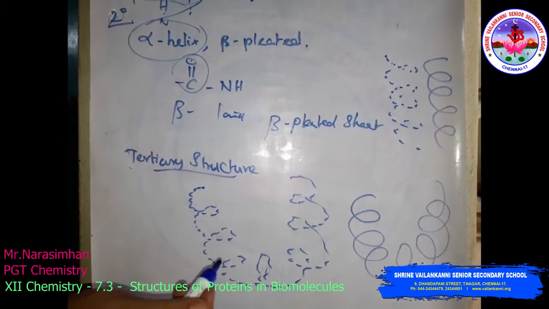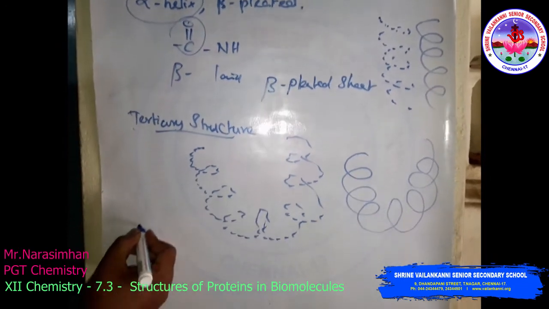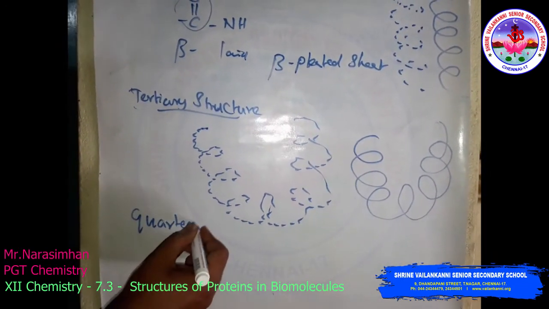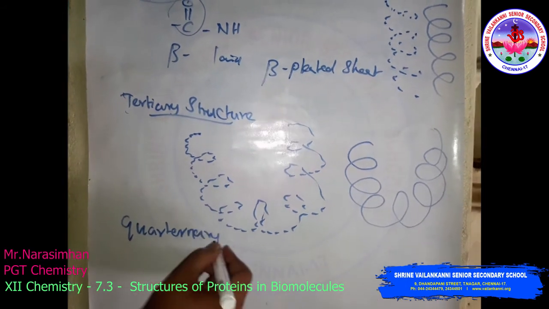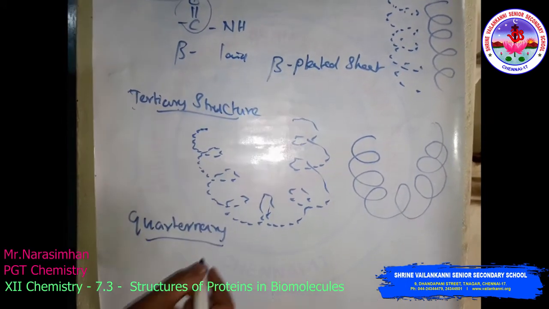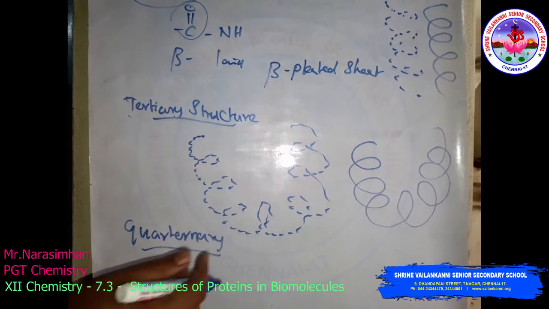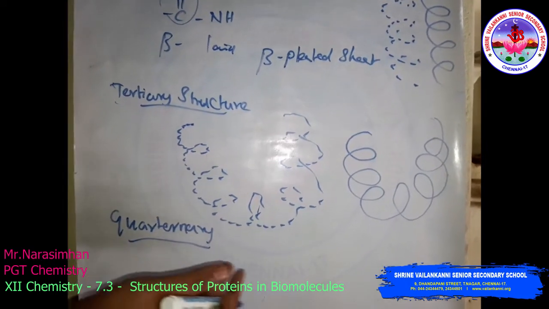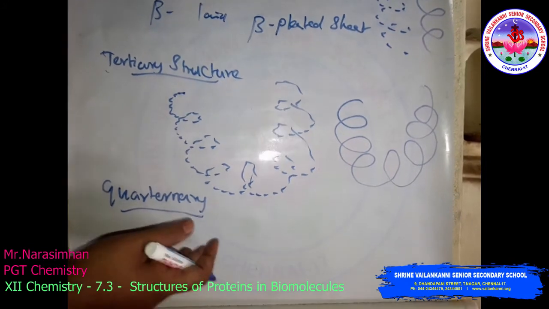Then the quaternary structure. The fourth one is the quaternary structure of protein. Some proteins are composed of two or more polypeptide chains referred to as subunits.